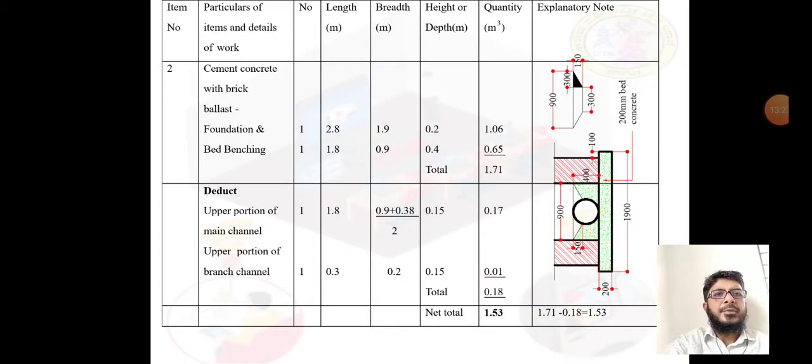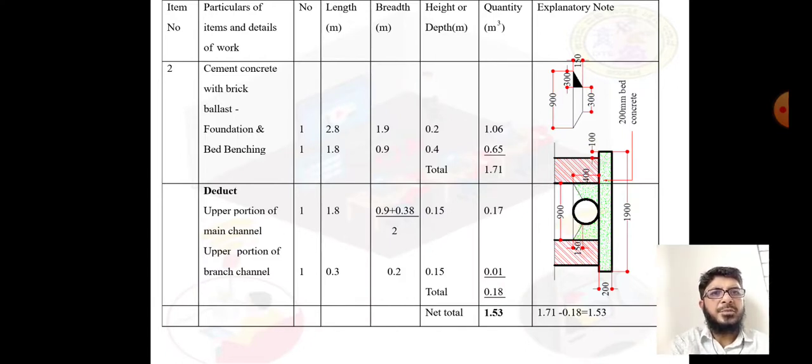Now come to the second item, and we have provided some sketches in the explanatory note, just for your reference. After excavation, the second item is cement concrete with brick ballast. Here, in two places we have done cement concrete with brick ballast.